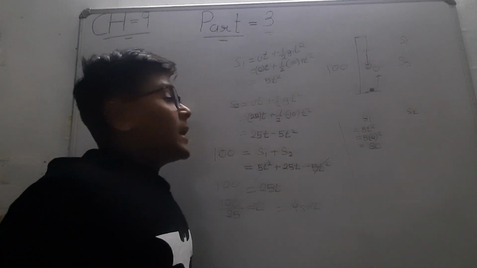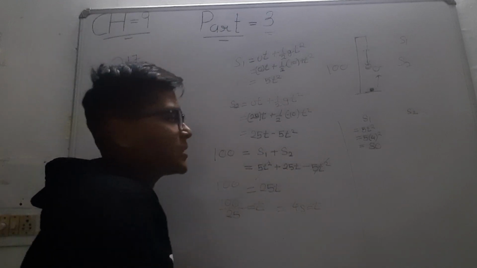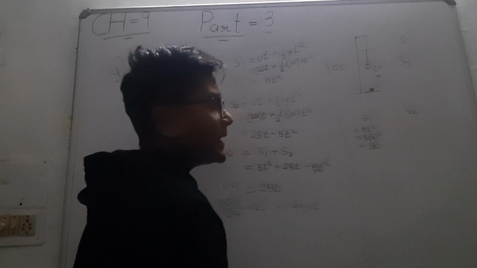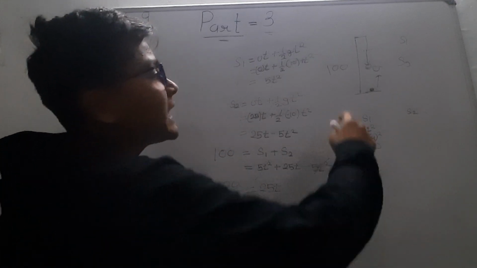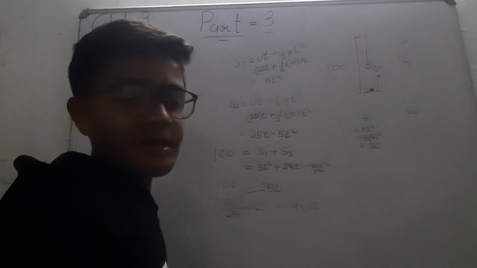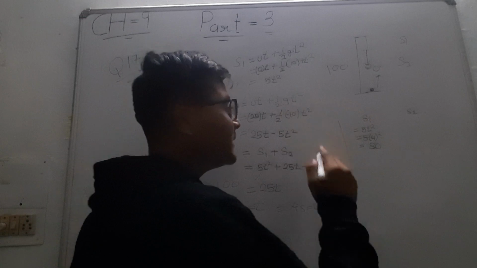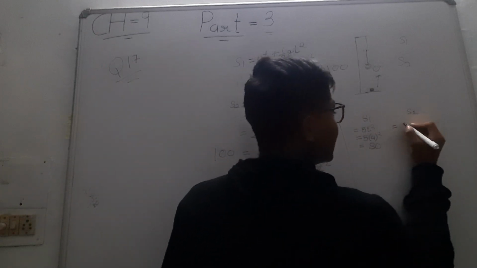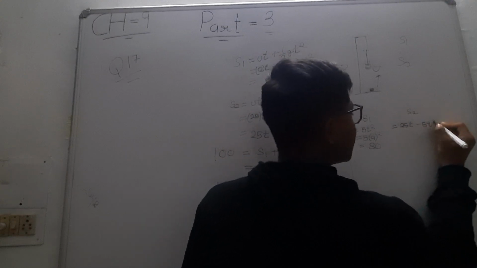Here is some logical reasoning. S1 is 80, so simply S2 will be 20, because the total distance of the tower is 100. So simply S2 will be 20, but we will derive it. How is it 20? 25t minus 5t square.